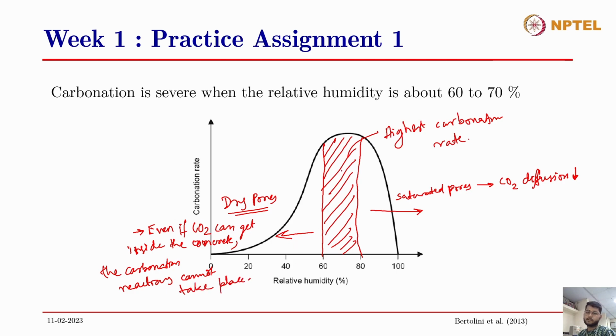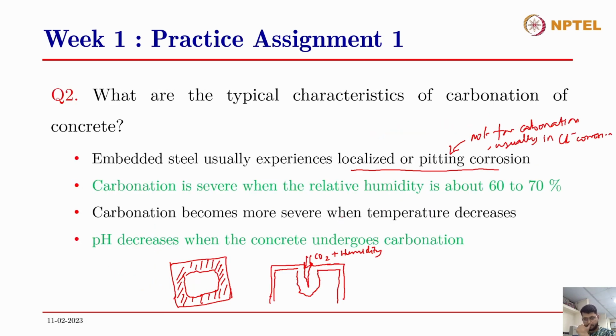All right. So this is the ideal range in which the maximum rate of carbonation is usually found in concrete structures. So that answers the second statement related to this question.